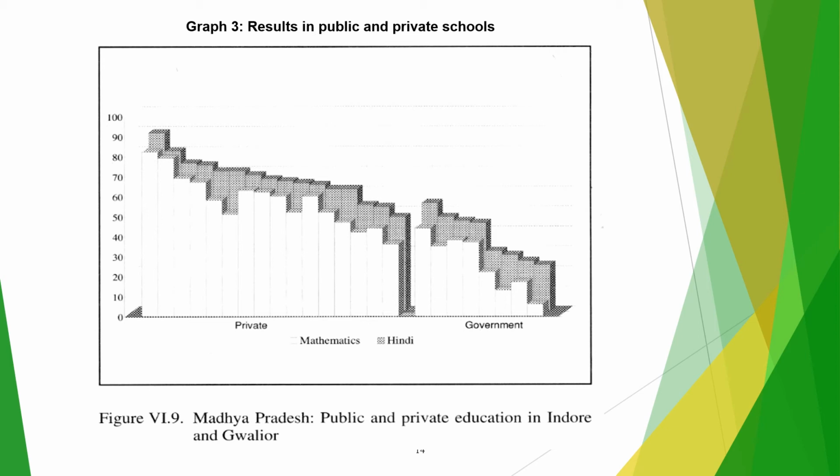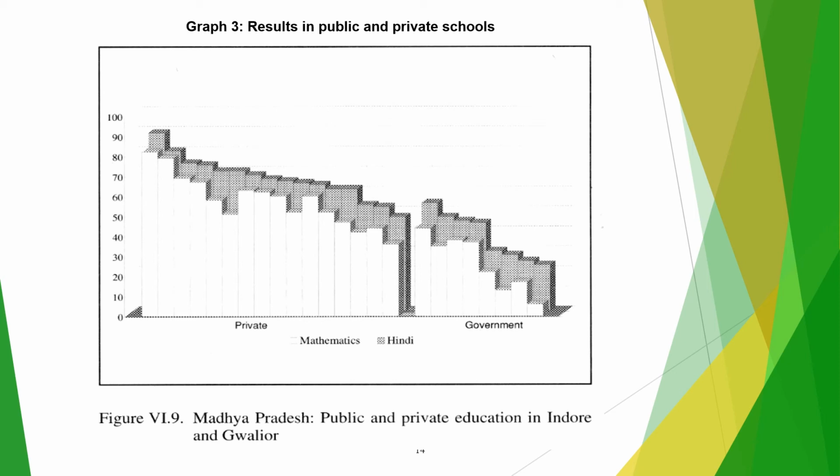You see here on the left of the graph, the first 12 to 15 bars are the private schools, and then we have 8 government-run schools in the city of Indore and the suburb of Gwalior.